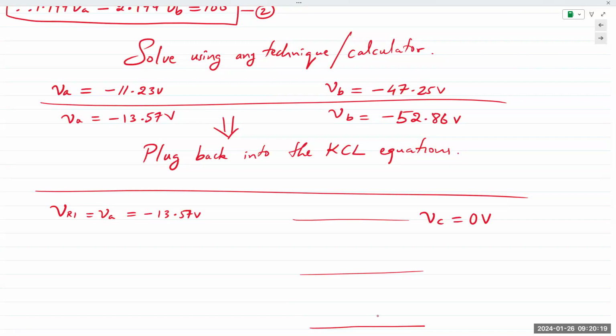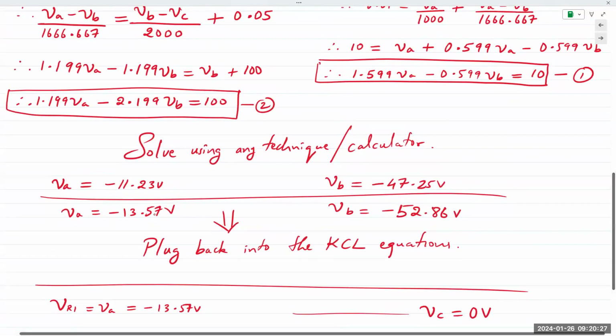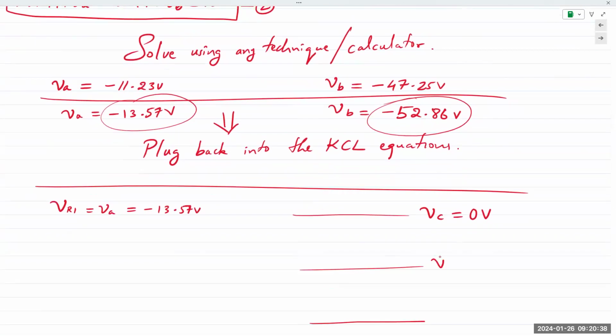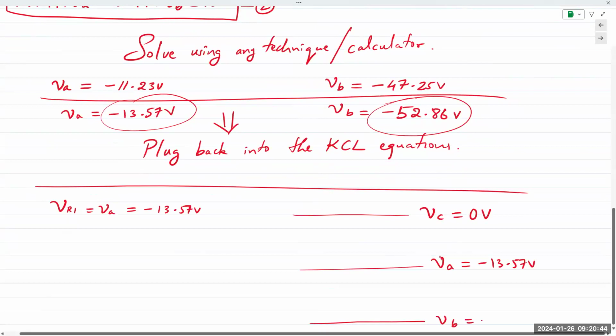Where is VA, the second line or the third line? Look at the values. It's just pure math, right? So VA is here, minus 13.57 volts, and VB is here. Obviously, this is not to scale. Minus 52.